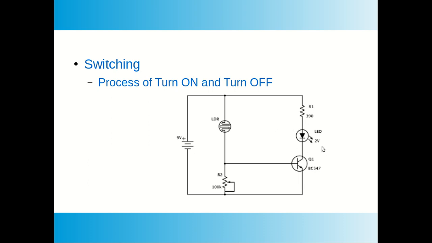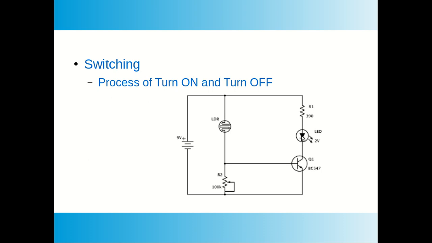Instead of this LED, we can connect this side to a relay, and that relay in turn can be used to turn on and turn off the actual street light, because a street light needs very high power. It needs a large current which cannot be handled by the transistor, so for that we should use a relay. A relay can drive higher currents.